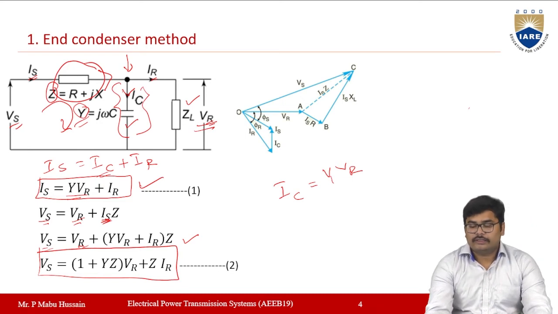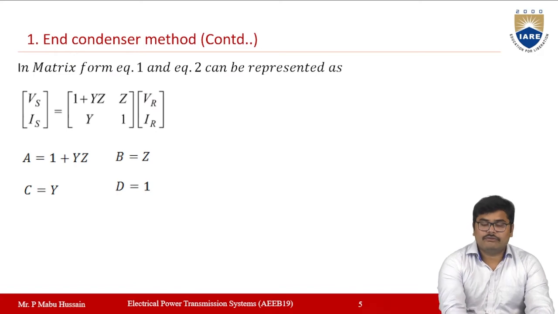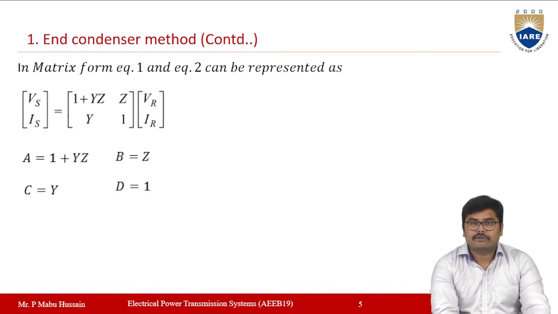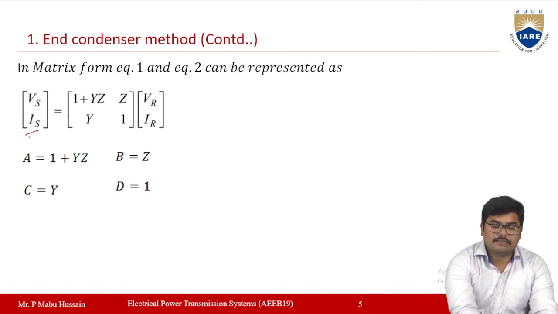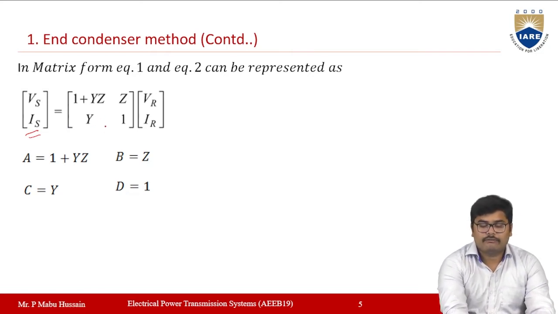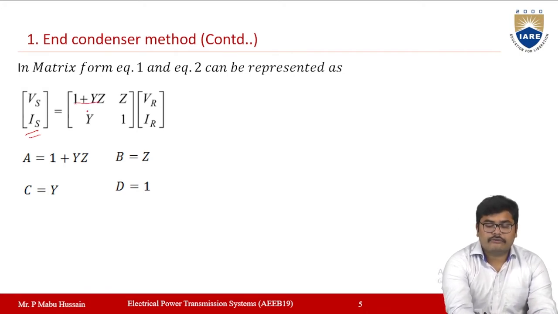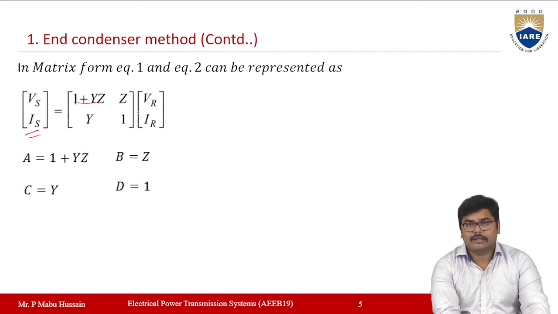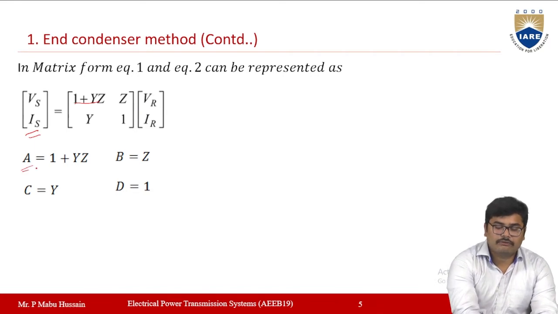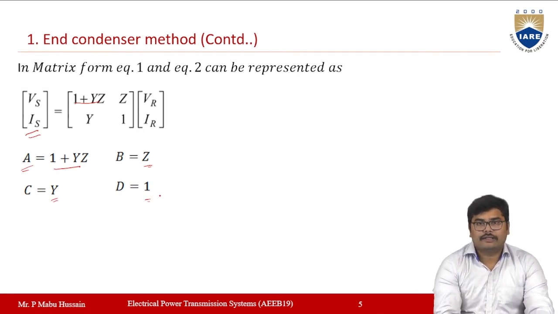These two can be represented in matrix form: Vs and Is equal to the matrix with 1 plus YZ, Z, Y, 1, multiplied by Vr and Ir. Comparing with ABCD parameters, the A value is 1 plus YZ, B is Z, C is Y, and D is 1.